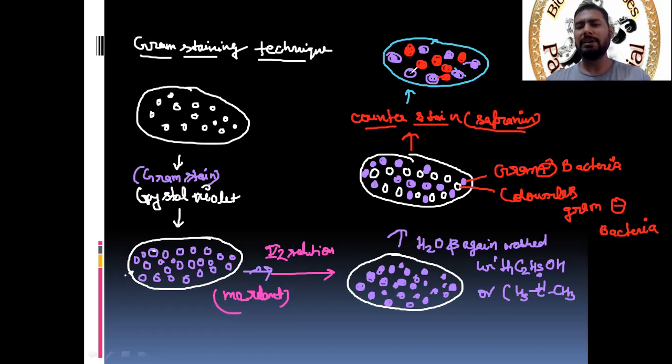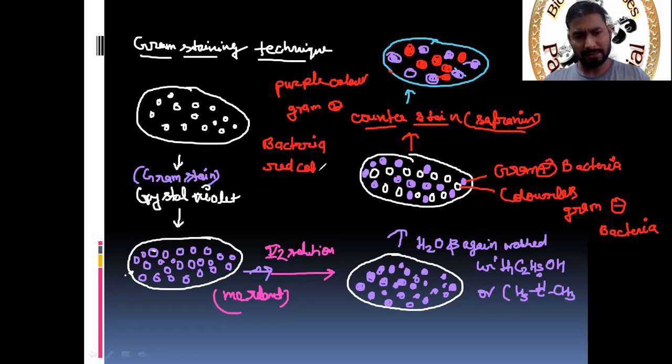So from this it is clear that with the counter stain they proved that bacteria which have the purple color are gram positive, while those bacteria which have the red color are called gram negative bacteria.